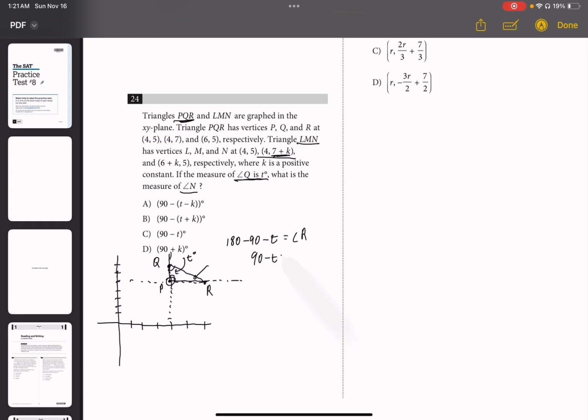So this is really 90 minus t, which is equal to angle R. So with that, we know that our answer is going to be C.